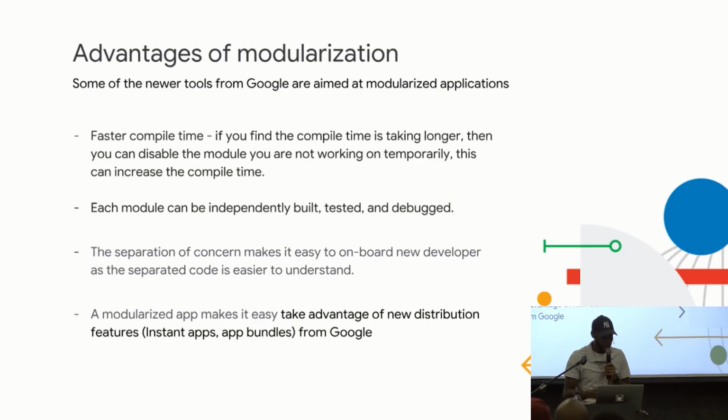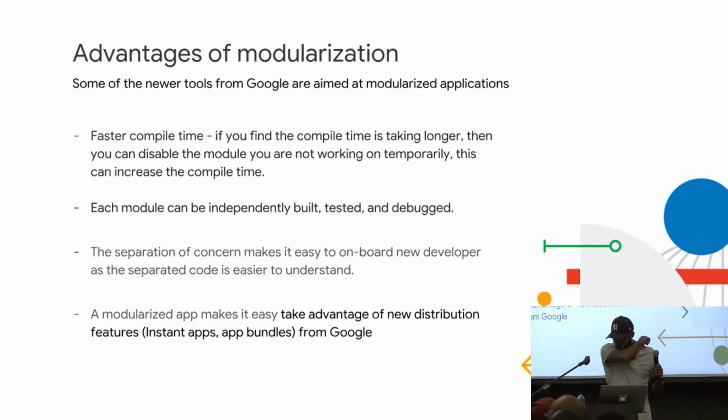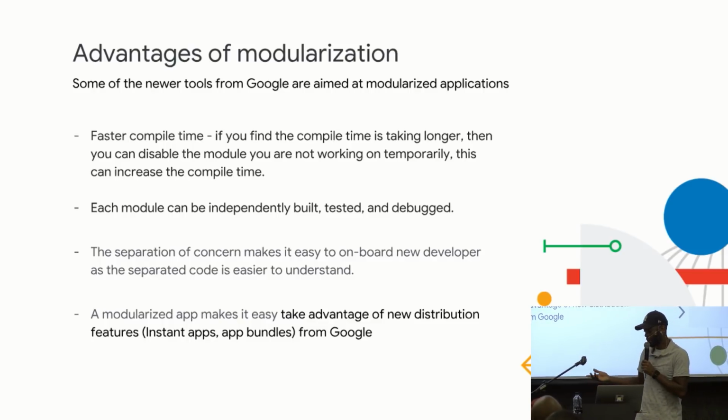So here are some advantages of modularization. Some of the new tools from Google are aiming at modularized applications, so you might want to be mindful of that. In the future, there are certain features that you might not be able to leverage. Hence the talk is divide and conquer as well, whereby there are certain advantages you can gain from modularization, not just from a technical perspective, but from a business perspective as well.